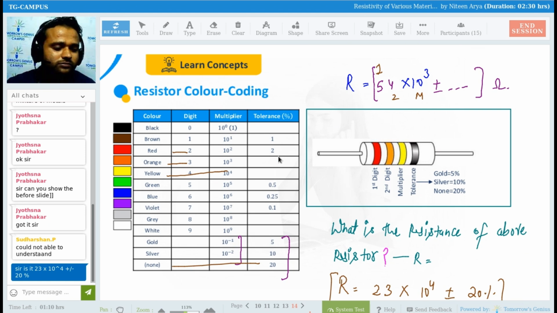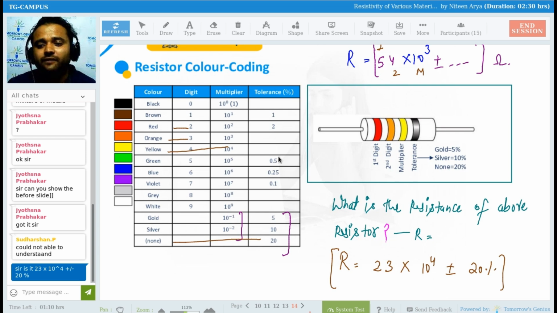Try to develop that hunger in you to solve a question within 30 seconds of seeing it. 30 seconds, I'm saying. If you are able to solve this kind of question in 30 seconds, then you will take at least 1.5 minutes or 2 minutes to solve something moderate or complex.